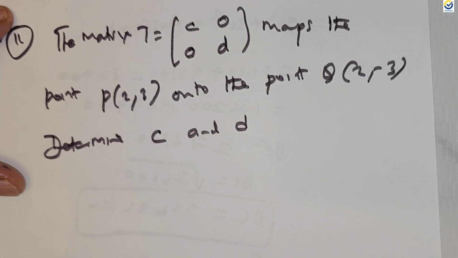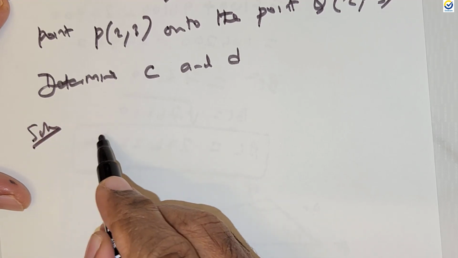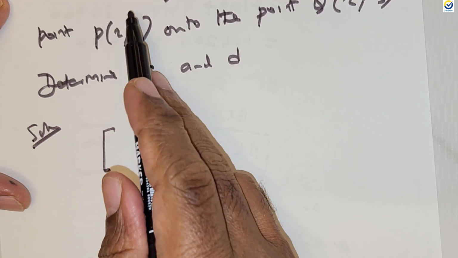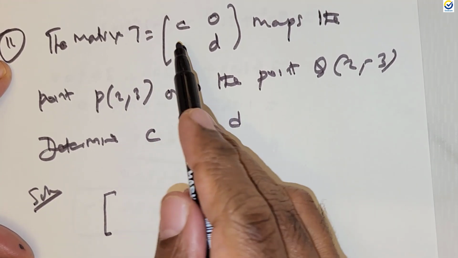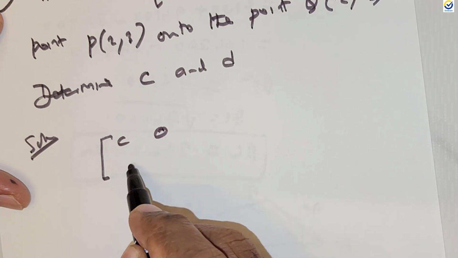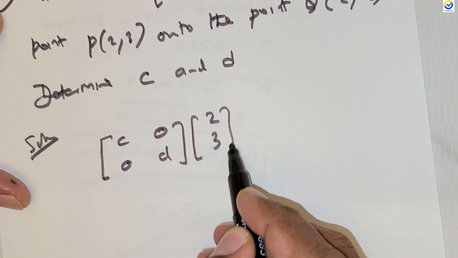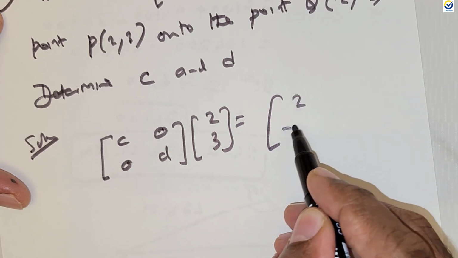So let's do this. This is the solution. This is the transformation matrix, which is given as [C 0; 0 D]. It operates on (2, 3) and it produces (2, -3).